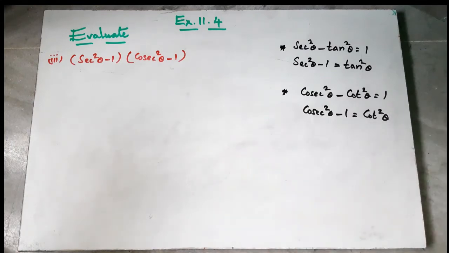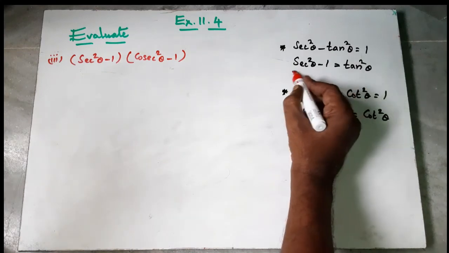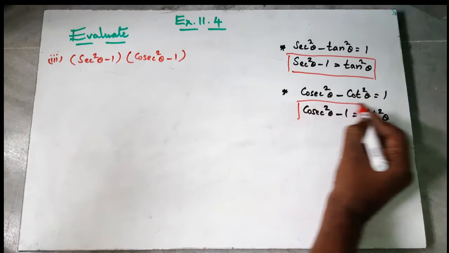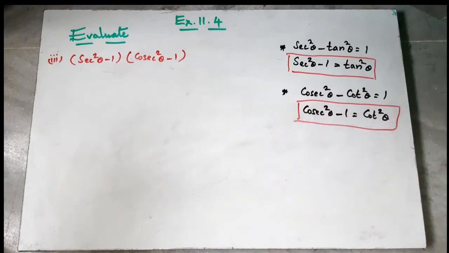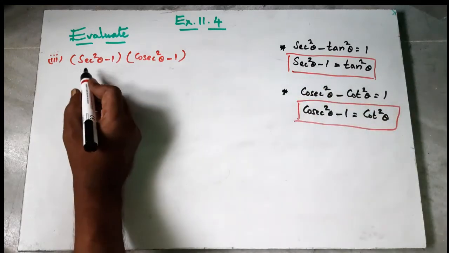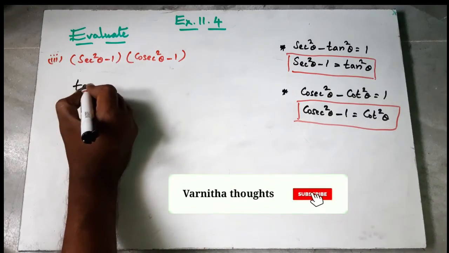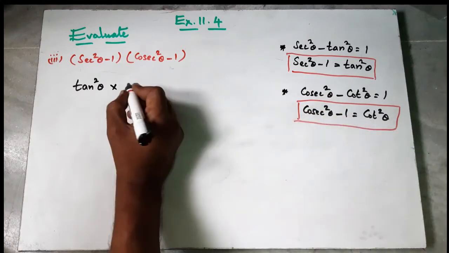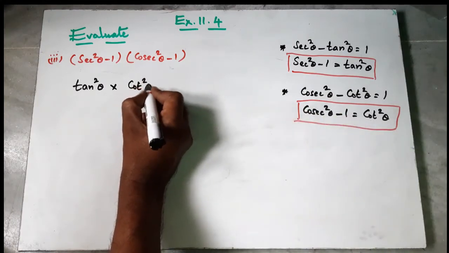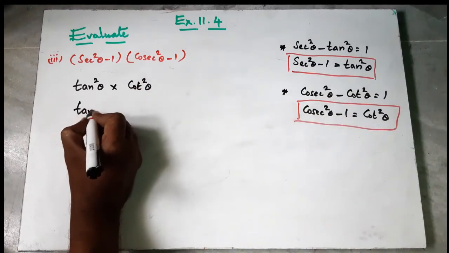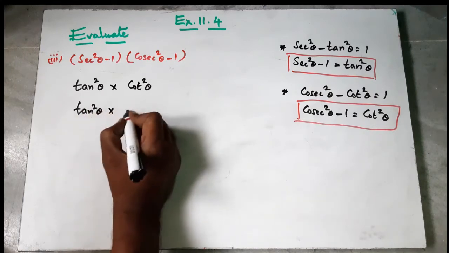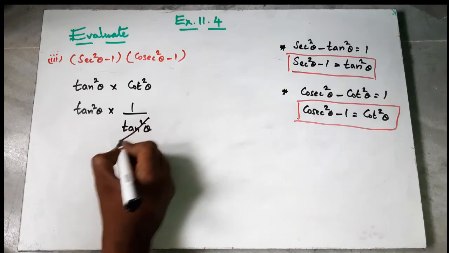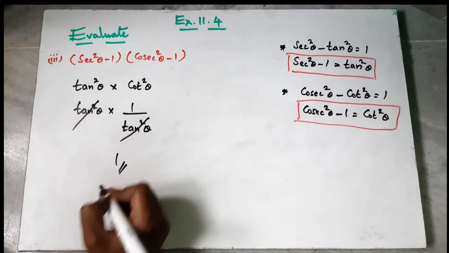Now substitute these trigonometric identities here. Sec square theta minus 1 means tan square theta, into cosec square theta minus 1 means cot square theta. We know that the inverse of cot square theta is nothing but 1 by tan square theta. Tan square cancels, the solution is 1.